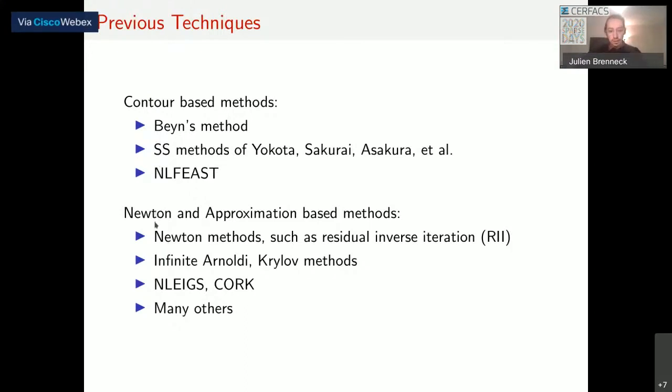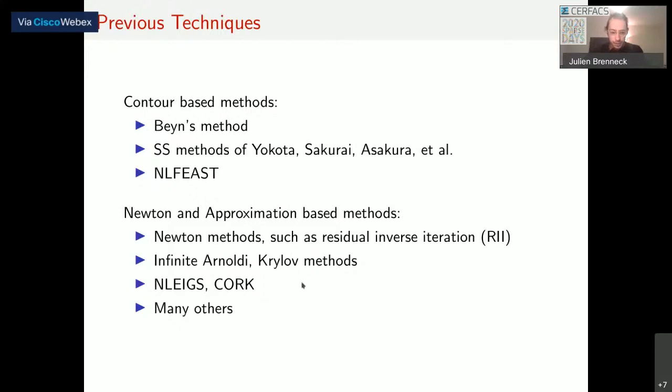And the other types of methods are Newton and approximation methods. And approximation here means doing an approximation of the operator T, either a polynomial or a rational approximation. The only Newton method I'm going to mention is the residual inverse iteration, which is used by NLFEAST to iterate in a particular way.